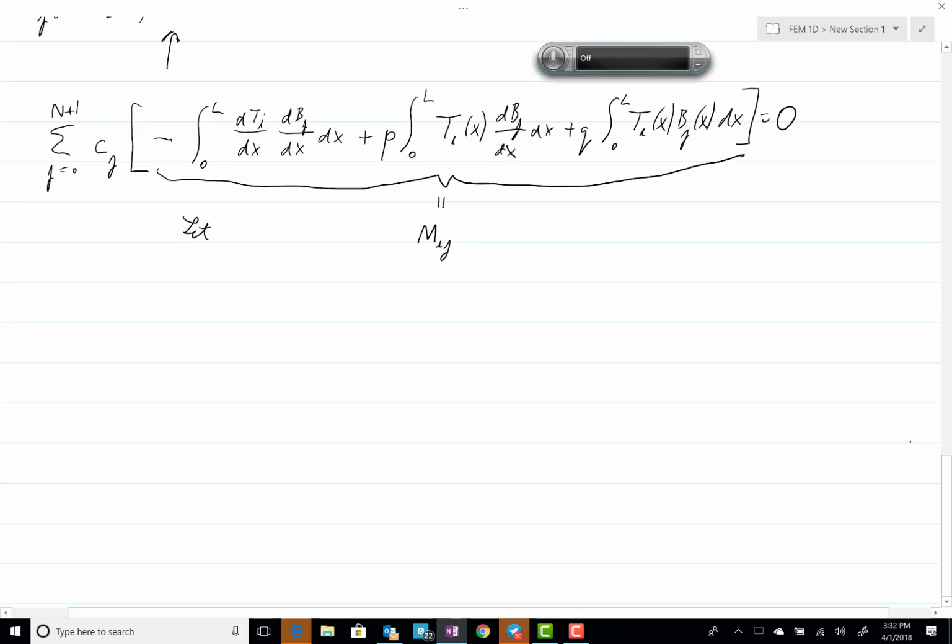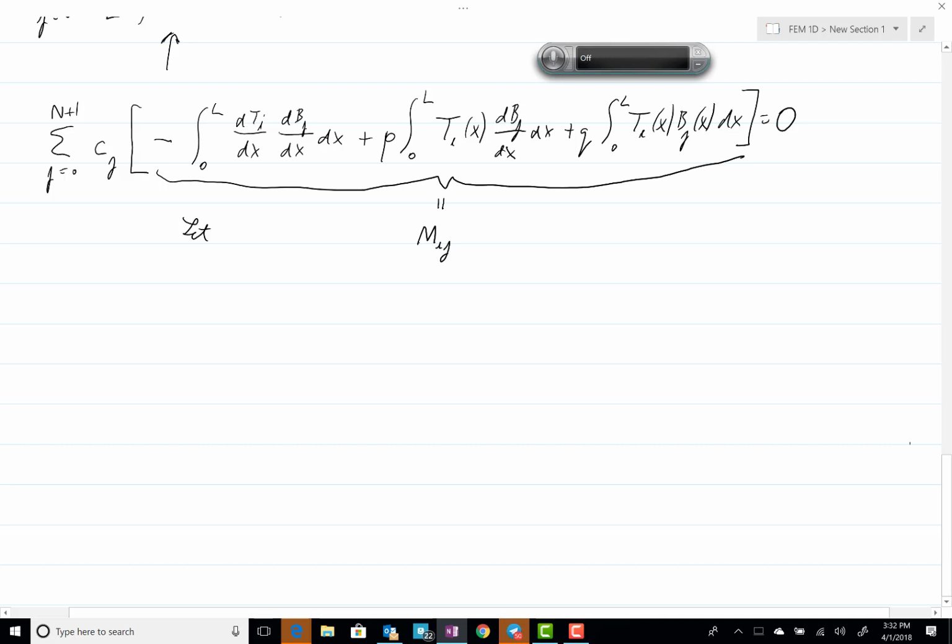So this equation then, when we do that, becomes very simply just the summation j equals 0 to n plus 1 of Mij Cj is equal to 0.